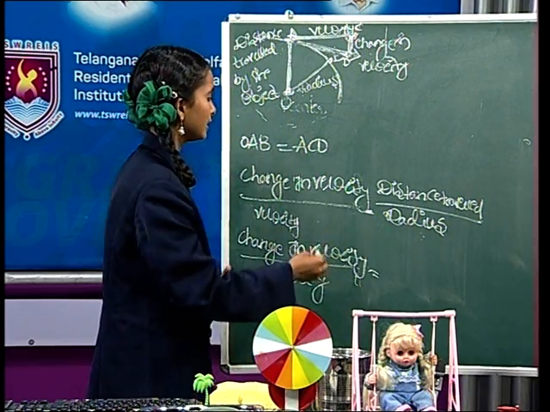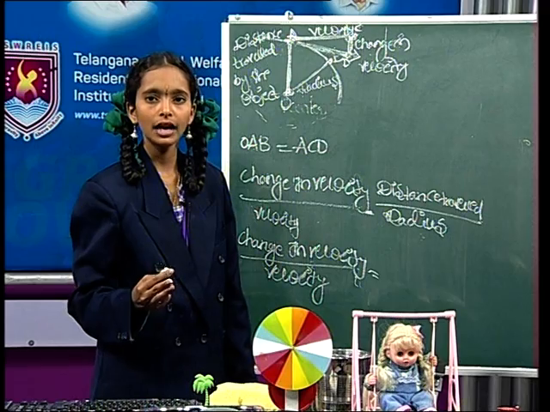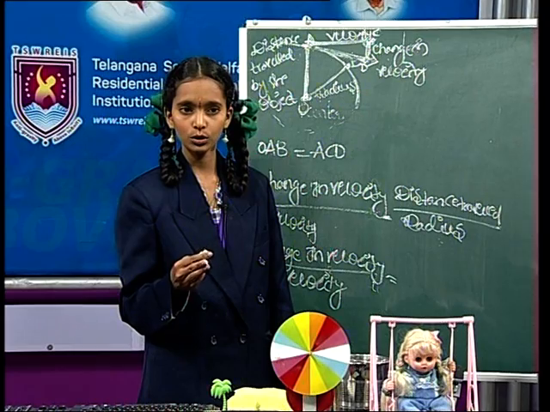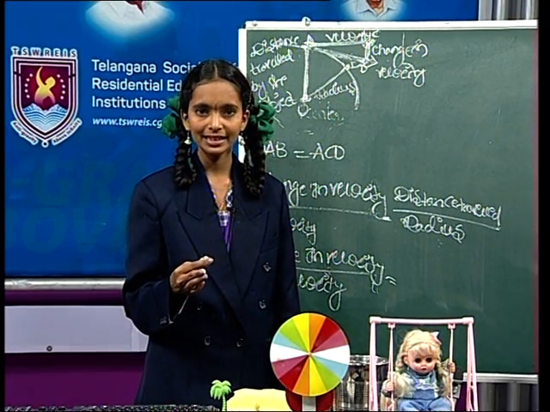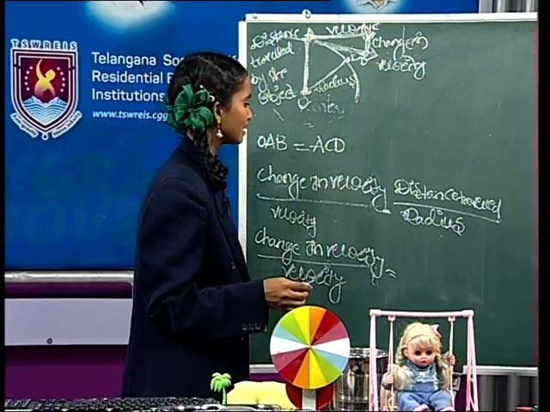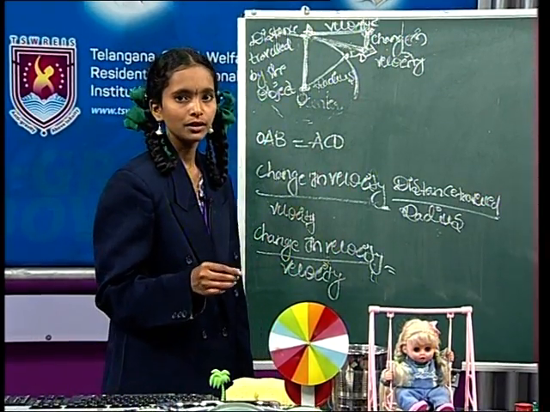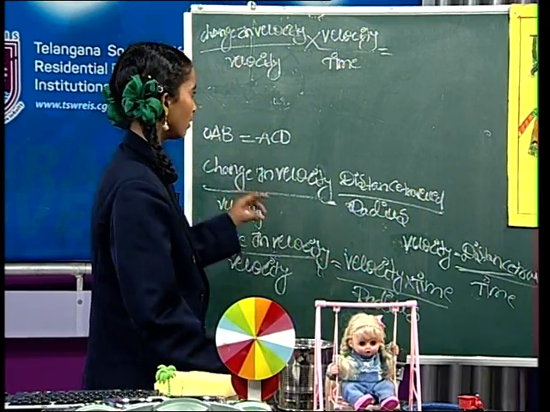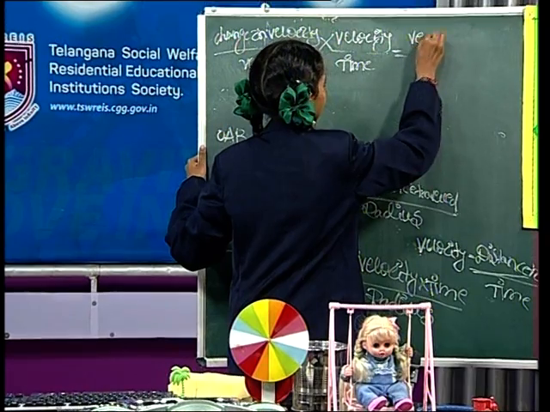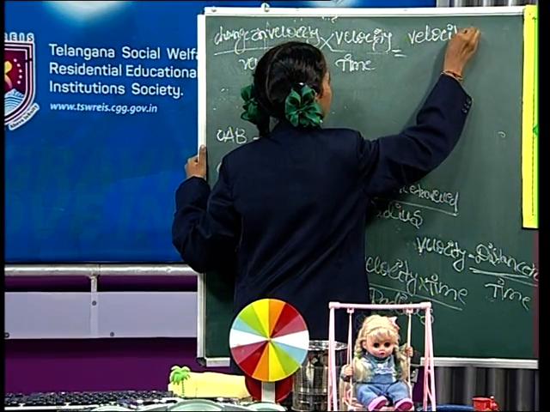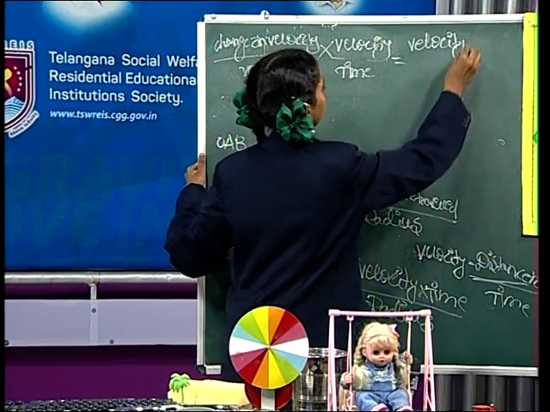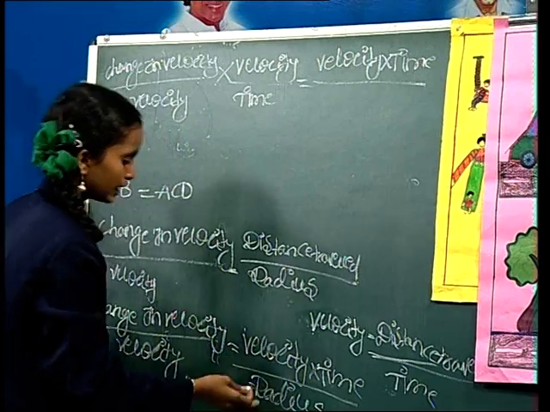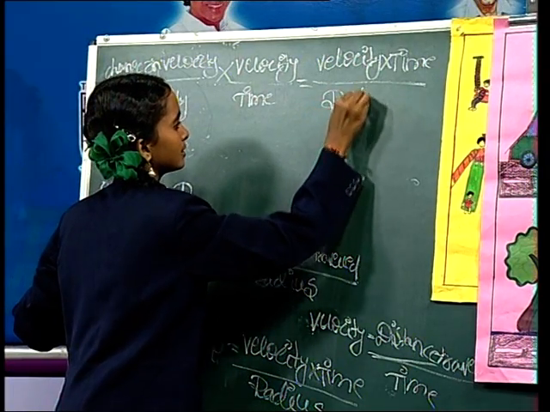And in the next one, what we have? Distance travelled. For distance travelled we have a formula. Can anyone tell that? Yes, very good. Tell me. Yes, distance travelled means velocity into time, by radius.